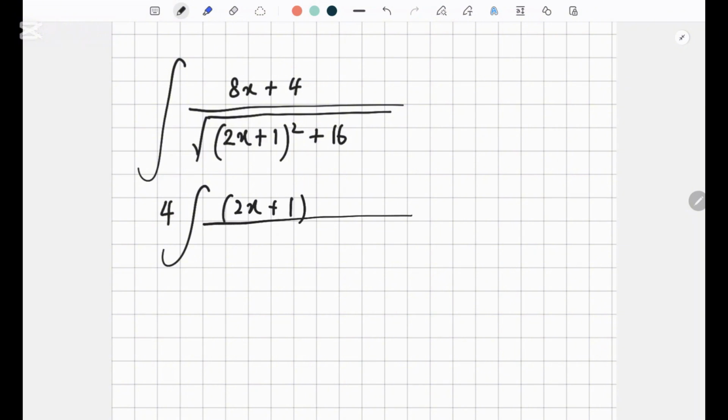From the denominator, the same way we did earlier. No, you don't have to do that for now, you just leave it like this. So 2x + 1 squared plus 16, dx.